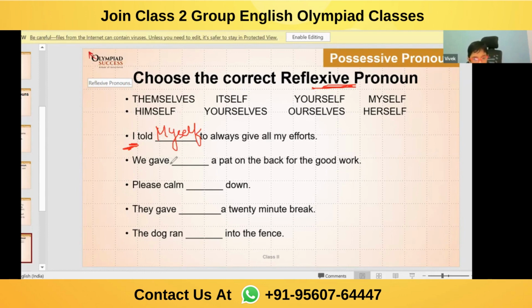We, ourselves. Yeah, ourselves. Very good. So we gave ourselves a pat on the back for the good work. There are many people, so that is why they are using we, and all pat on their shoulder for the good work. So used ourselves.